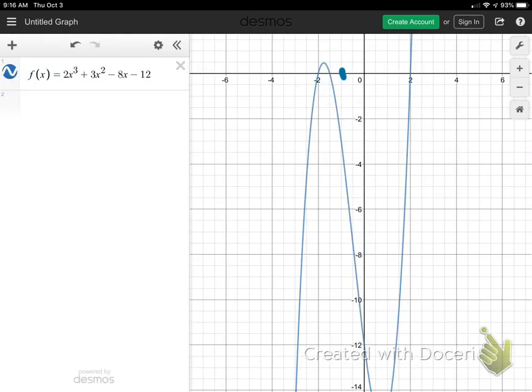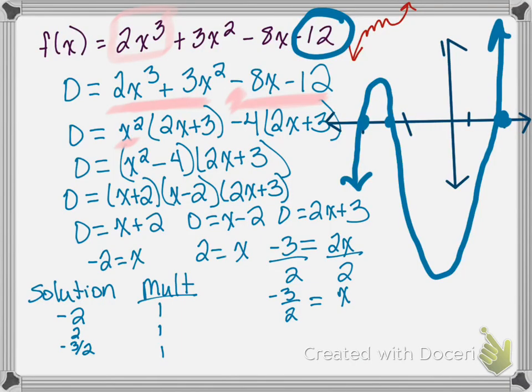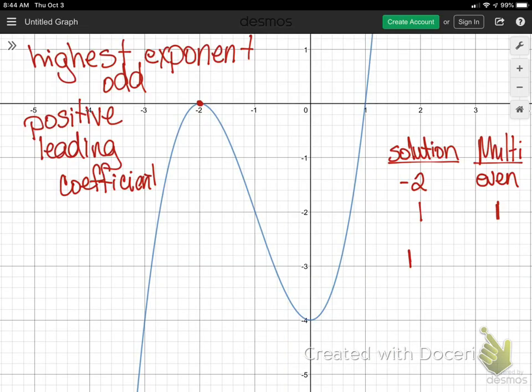So x minus 1. Yes, you're absolutely correct. So if 1 is my solution, x minus 1 is the factor associated with it.